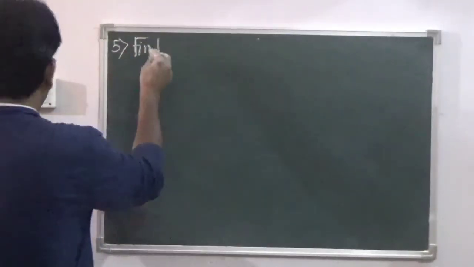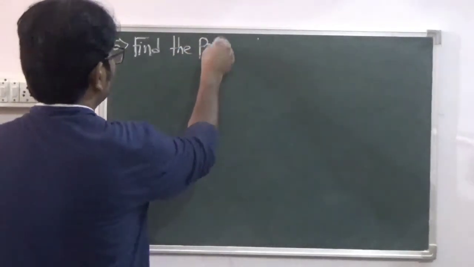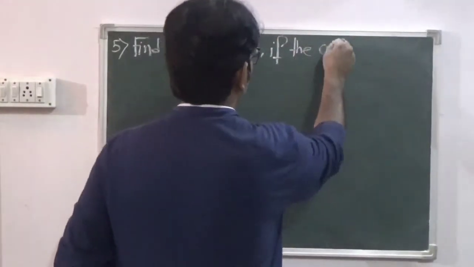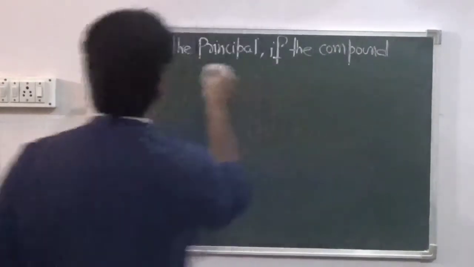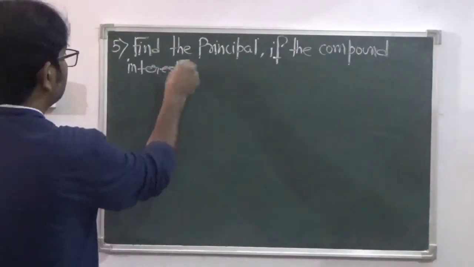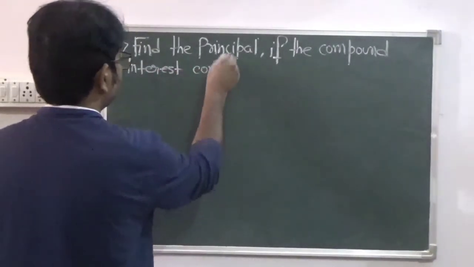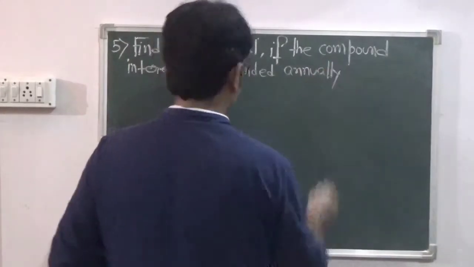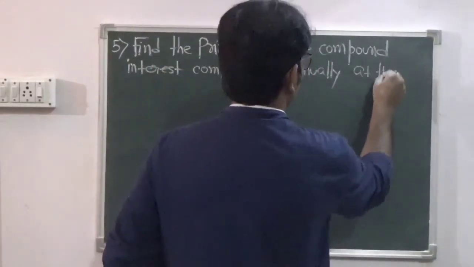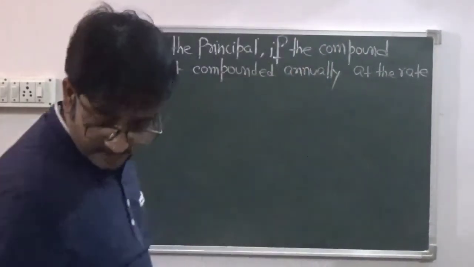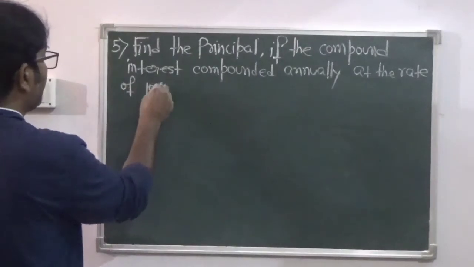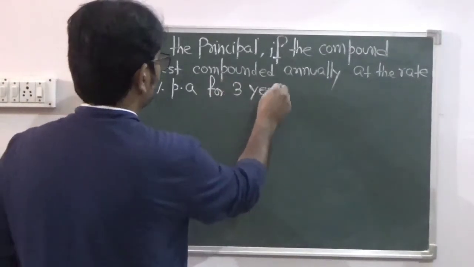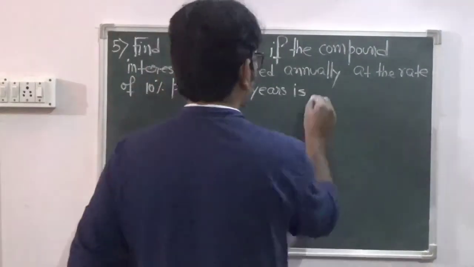Find the principal if the compound interest compounded annually at the rate of 10% per annum for 3 years is rupees 331.